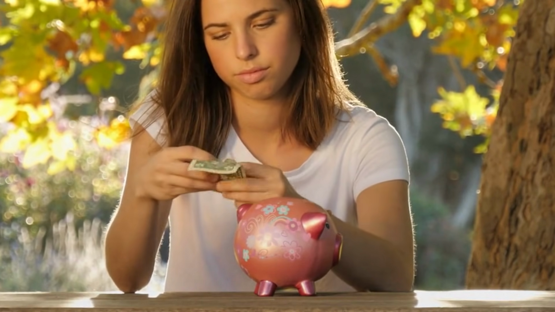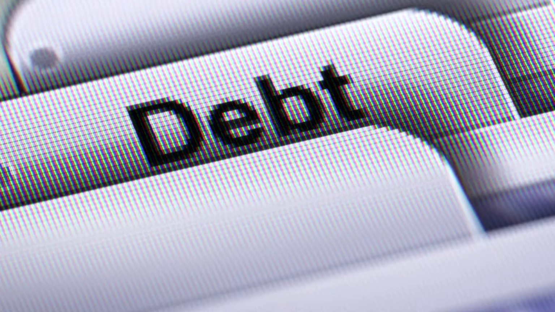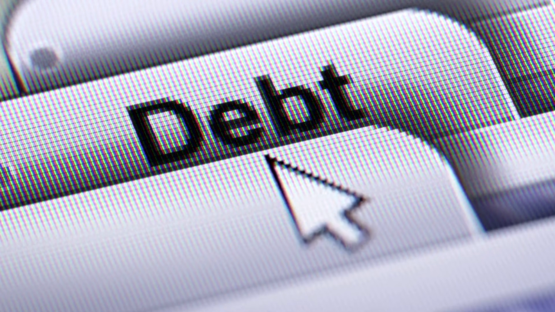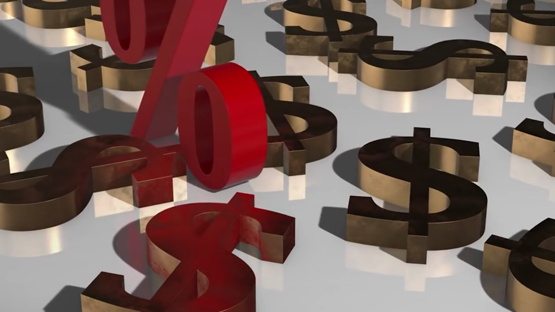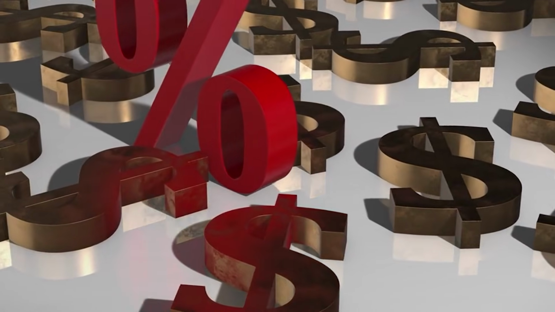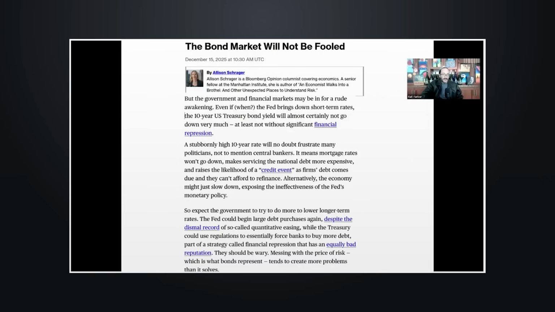That creates serious consequences. Mortgage rates stay elevated, government debt servicing becomes more expensive, and corporations struggle to refinance. When debt maturities collide with high long-term rates, credit events become more likely. Historically, this is when policymakers abandon restraint and intervene more forcefully in bond markets.